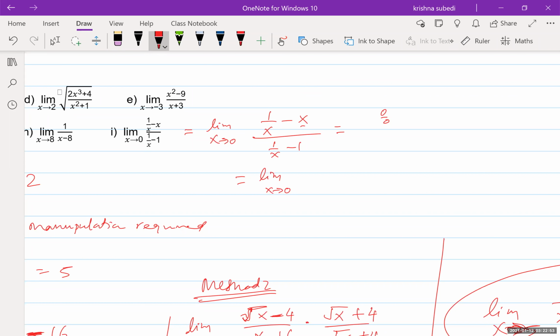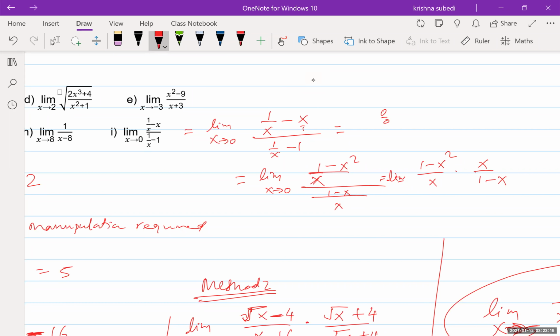Maybe you can do a little bit of this high school thing. You will get 1 minus x squared over x on the top. Now you need to flip it, so x over 1 minus x.